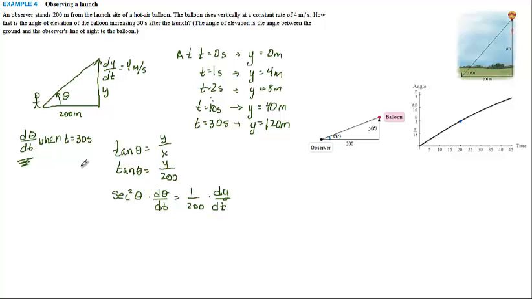And I'm looking for d theta over dt. Oh, and they gave me dy over dt. I know that little guy right there is just 4. And that always is a 4, so I'm just going to go ahead and replace that.